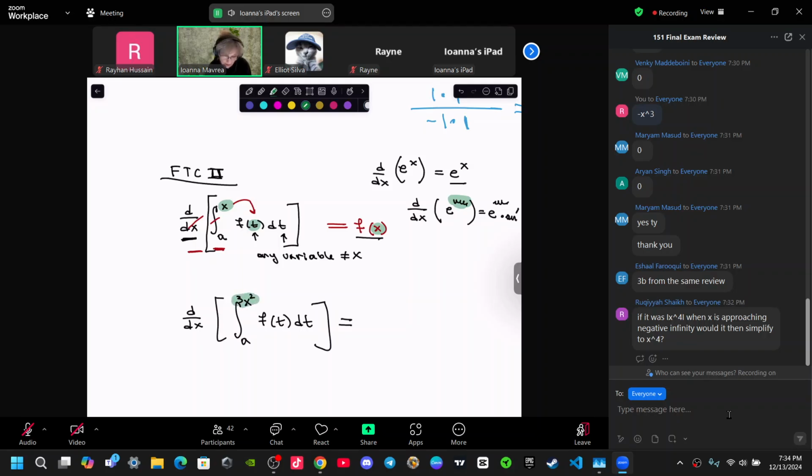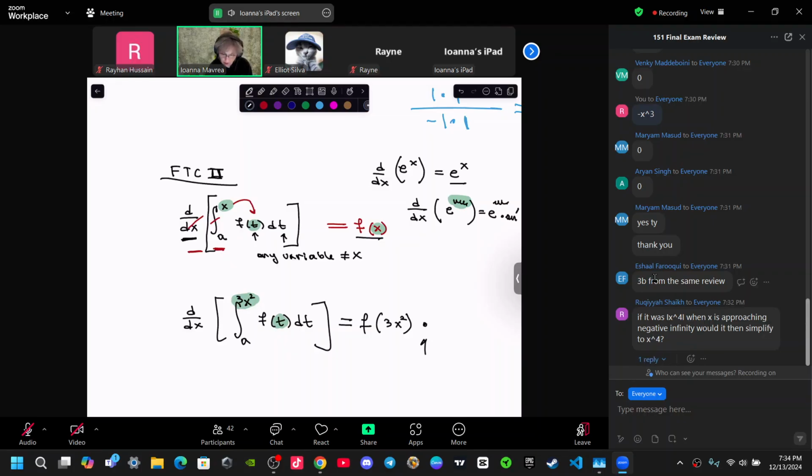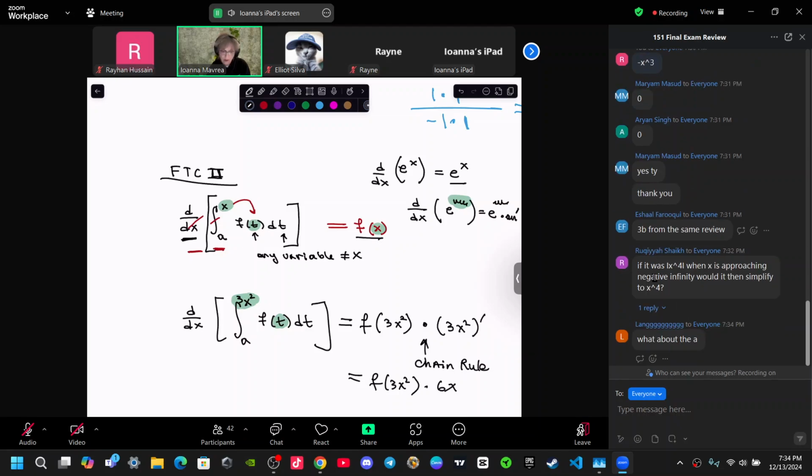But now the x is not x, it's 3x squared. So what I have to do is plug it in inside the function. So the answer would be f of this weird stuff times, the chain rule says, the derivative of the weird stuff. And of course, you need to finish this. So f of 3x squared times 6x.